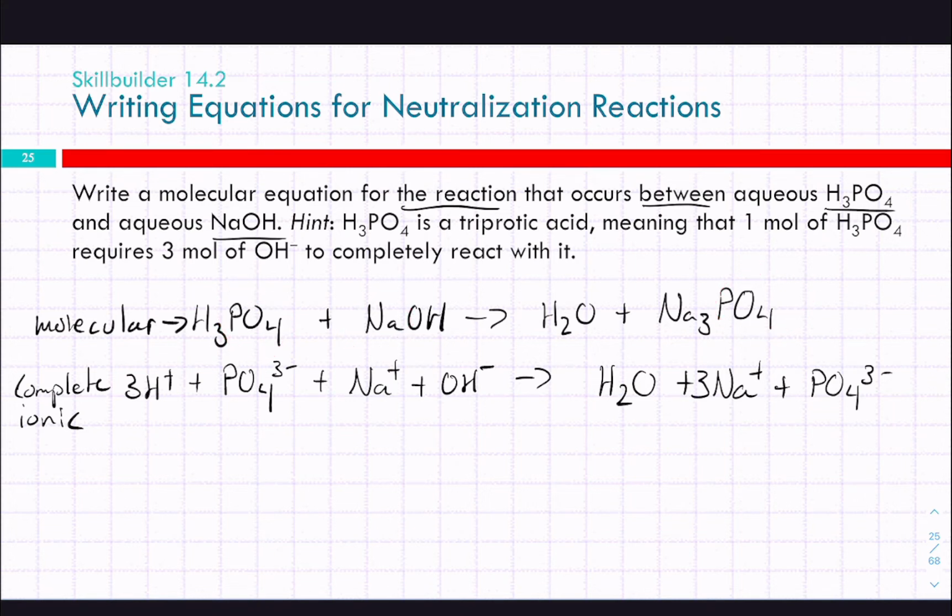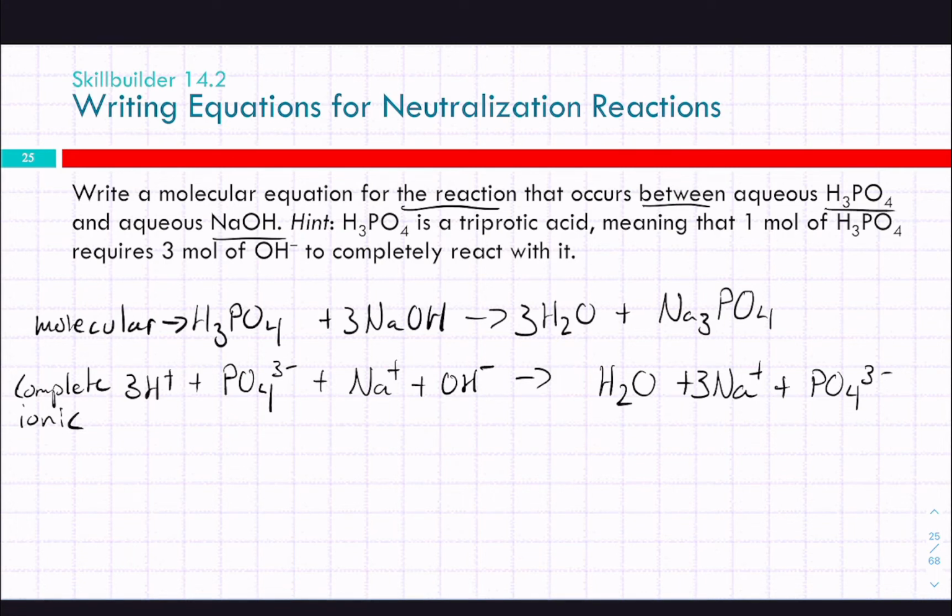So we don't need to do anything with phosphate. For sodium, there's 1 over here, and there were 3 over here. So we had that 3, now there's 3 of those. That means that we have 3 oxygens. So we need a 3 there for water, so we have the right number of oxygens.